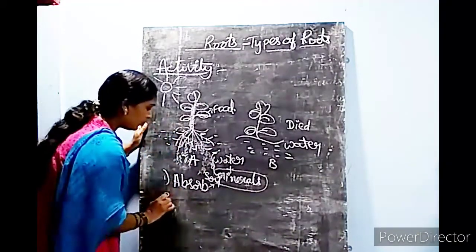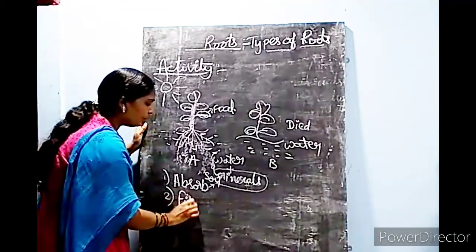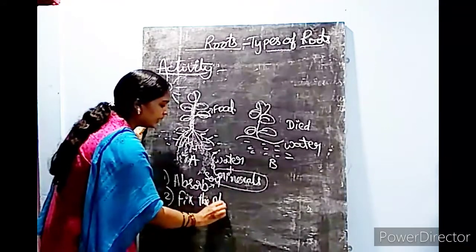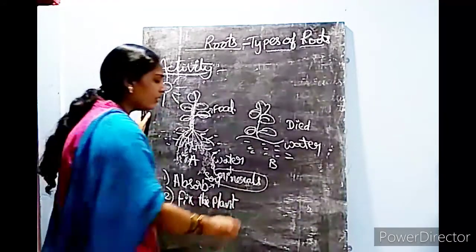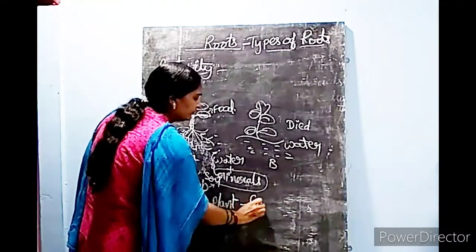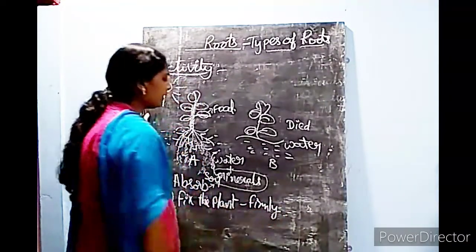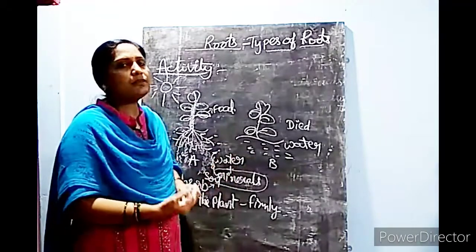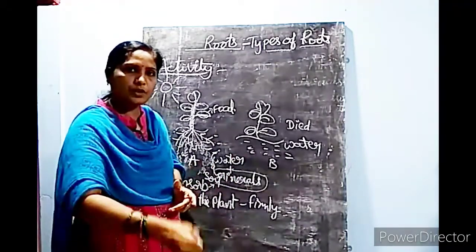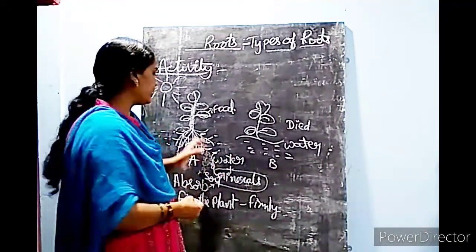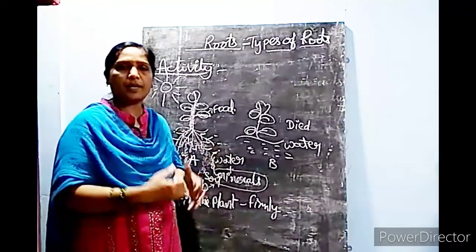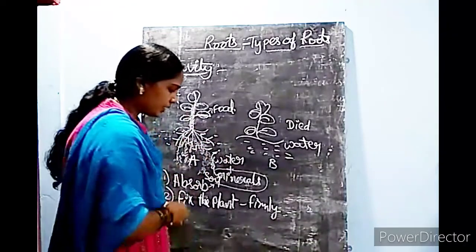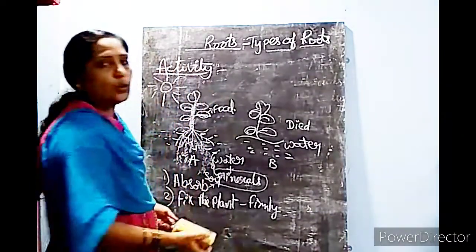So the roots help to fix the plant in the soil firmly, and the other function is absorbing the water and minerals and transporting them to the other parts of the plant. Understood, children? So try to do this activity at home.